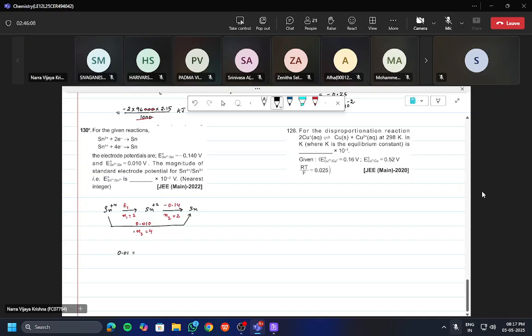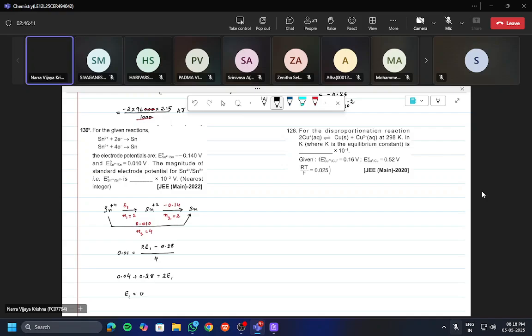0.01 equals N1 E1, that is 2 E1, minus N2 E2, 0.28, divided by N3, 4. Bring that to this side. 0.04 plus 0.28 is equal to 2 E1. Therefore, E1 equals 0.32 by 2, 0.16.